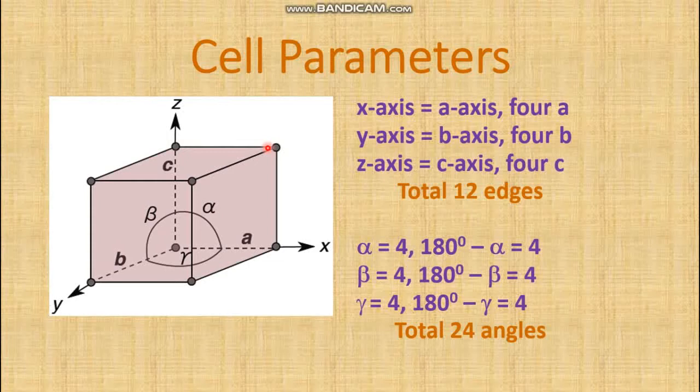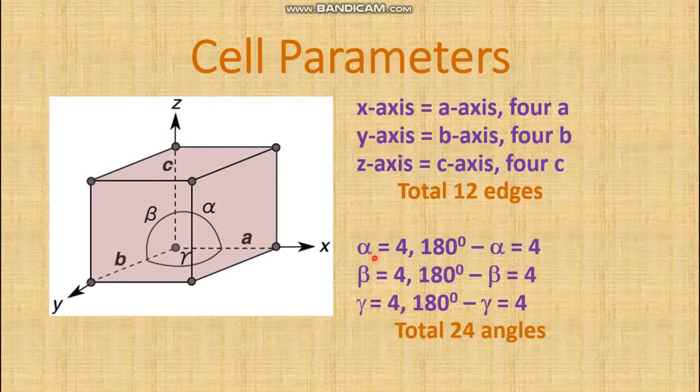Similarly, the other lines which are parallel to b, that means this is one, here to here is another b, here to here is the third b, and here to here is the fourth b. That means the edges which are parallel have the same length.